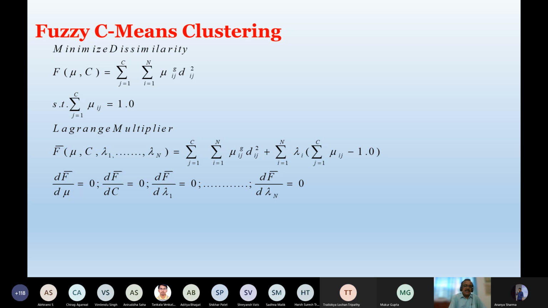As they are considered independent, in the Lagrange multiplier method we do not use the partial, we use the full derivative. You can see the literature in a Google search. Just give Lagrange multiplier and you'll be getting enough reading material. We use the full derivative. Okay, sir. Thank you, sir.